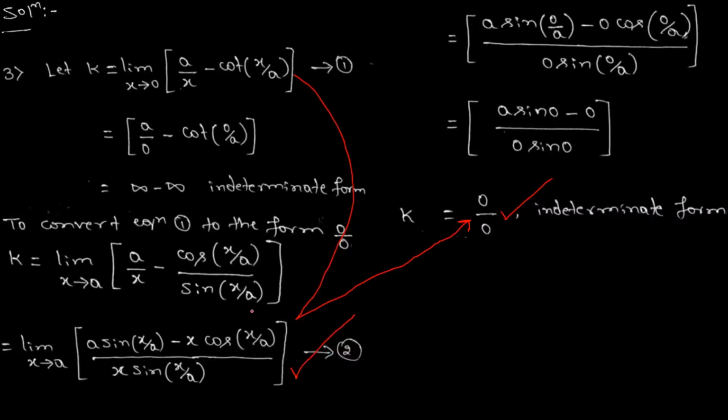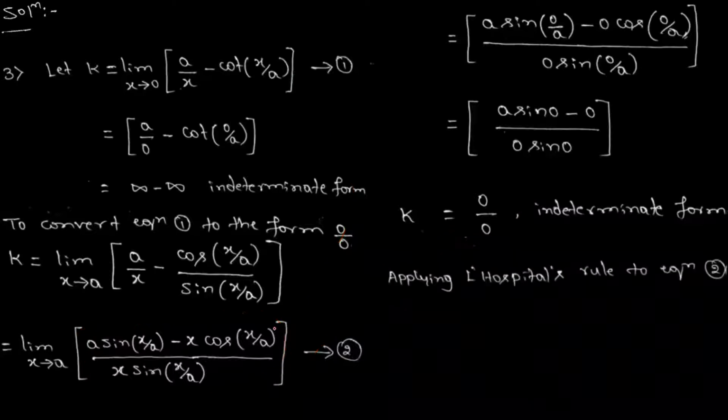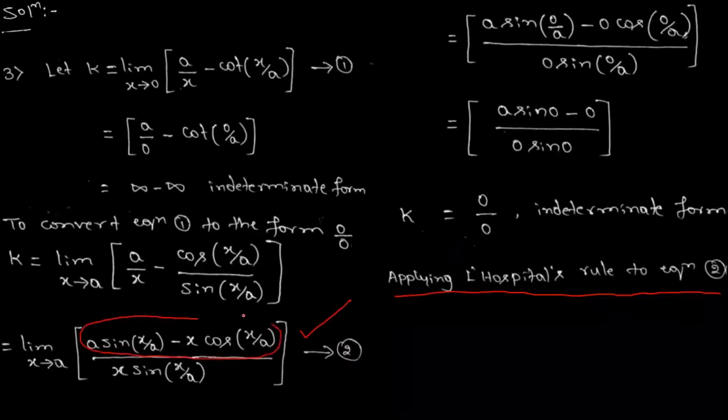So let us apply LH rule to this and proceed. We say applying LH rule to equation number 2. We all know LH rule means that differentiate numerator and denominator separately, then apply the limits. Let us do so.